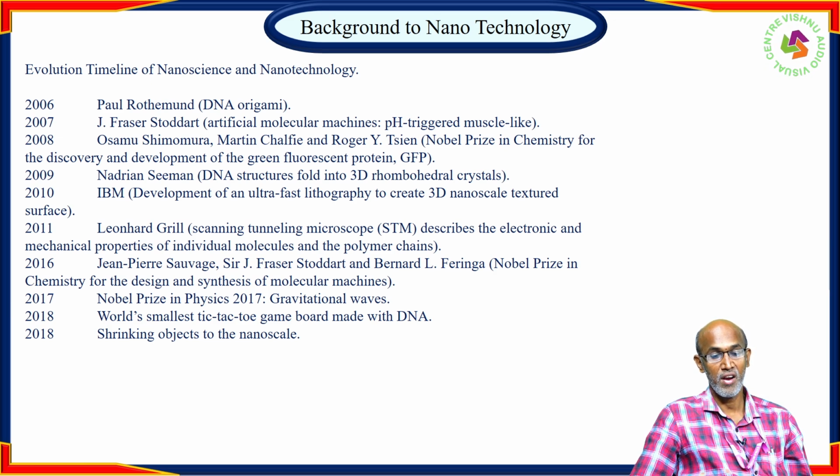2010, development of an ultra-fast lithography to create 3D nanoscale textured surfaces. 2011, STM describes electronic and mechanical properties of individual molecules and polymer chains. 2016, Nobel Prize in Chemistry to Jean-Pierre Sauvage, Sir J. Fraser Stoddart and Bernard L. Feringa for the design and synthesis of molecular machines. 2017, Nobel Prize in Physics for gravitational waves. 2018, world's smallest tic-tac-toe game board made with DNA, and 2018, shrinking objects to the nanoscale.